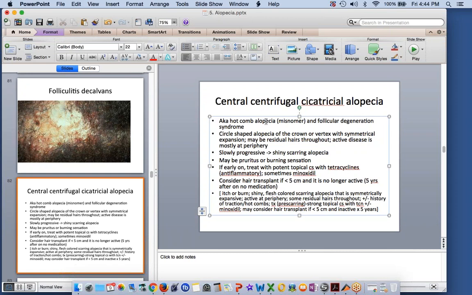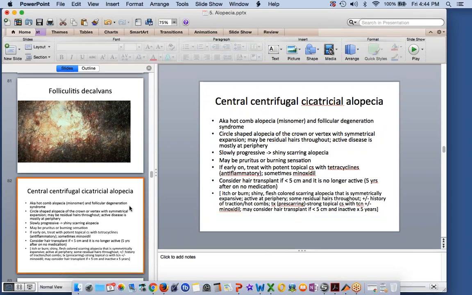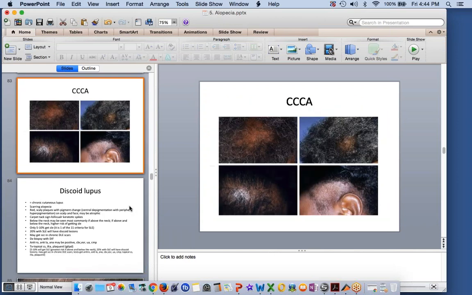And we need to do, again, a biopsy, which is one of the most important ways of diagnosing these conditions. There's certain things we see on biopsies. And then the way we treat it is we treat them with systemic antibiotics, minocycline, and usually it holds the condition.